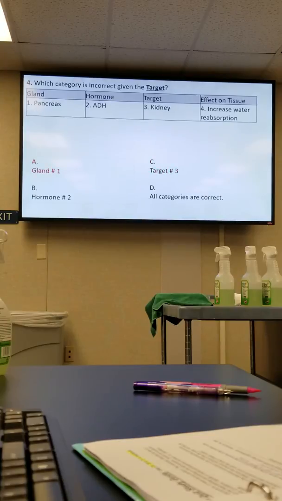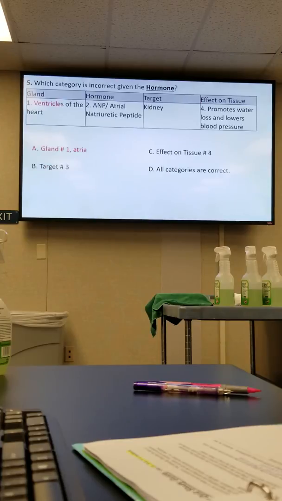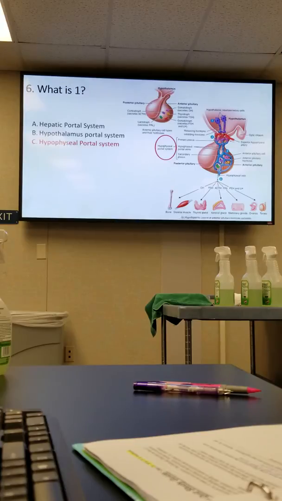And gland 1 is number 1, pancreas. And it's atrium, not ventricle. It should be atrium, which it tells you right there in the hormone, it's atrial natriuretic. So that gets your answer. Alright, and this is the hypophyseal portal, which you're talking about, this section right there.